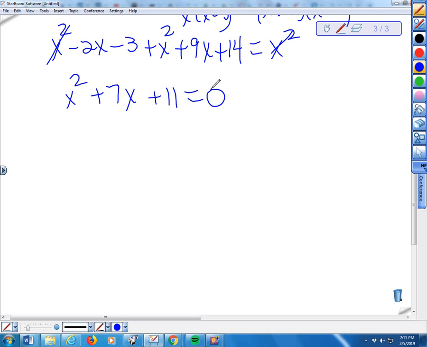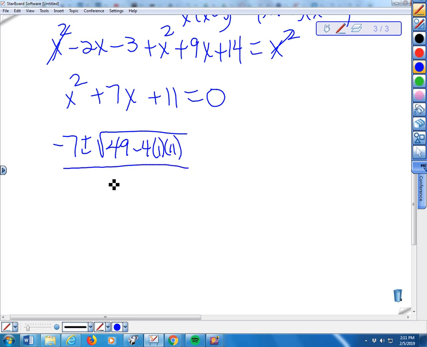So it's going to be another quadratic. 49 minus 44 is 5, so the square root of 5. And there it is.